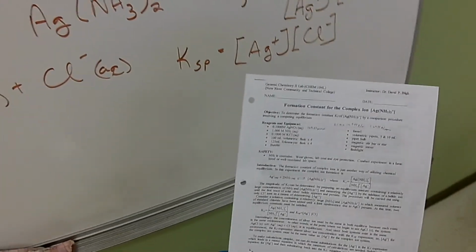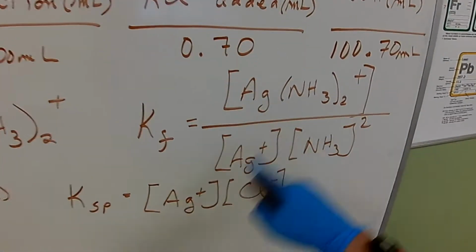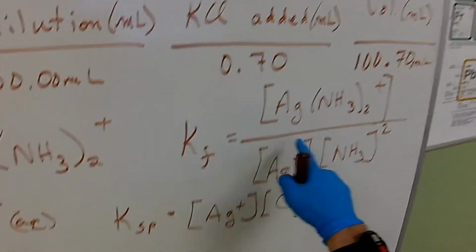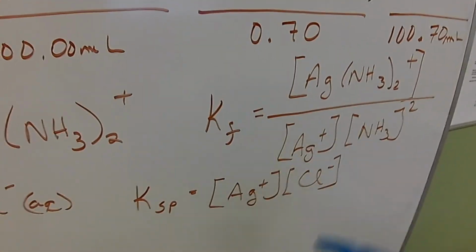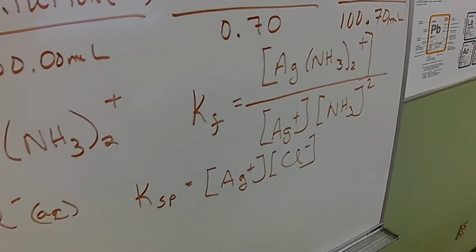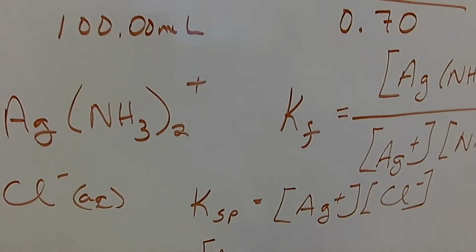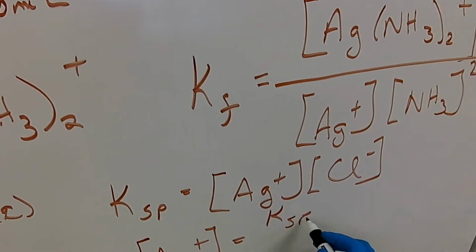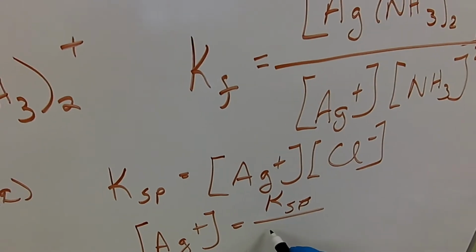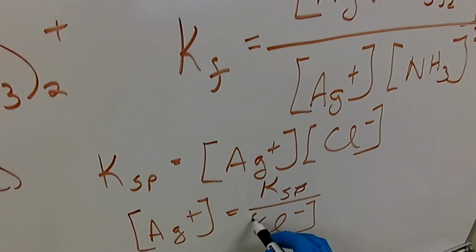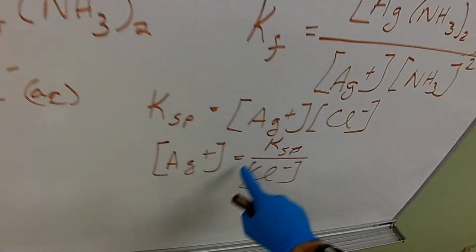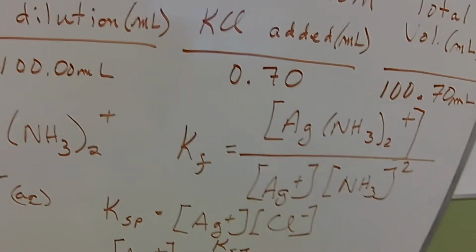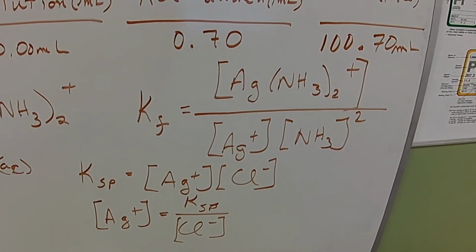Well, what do we have in these two expressions that is common to both? The silver ion. That's the only thing that is common to both of them. So if we solve this for silver, there, we can substitute this expression right here in here. Okay?